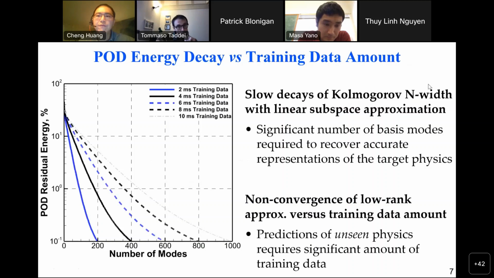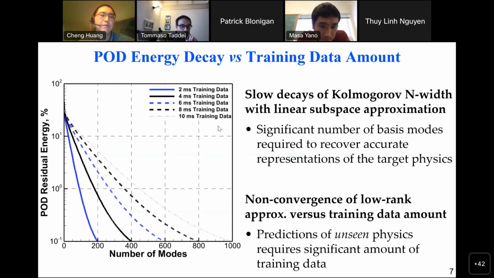You can see the first thing you can do is include 2 milliseconds, 4 milliseconds, 6 milliseconds, and all the way to all the testing data you want to look at, up to 10 milliseconds, and then just do a straightforward POD on that. Of course, the more training data you have, the more capable your POD basis is of representing.